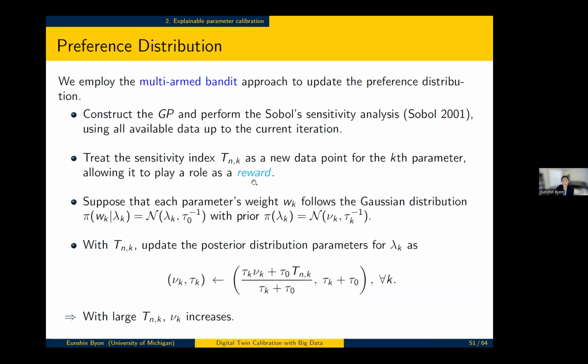Okay? So suppose that each parameter weight follows a Gaussian distribution like this with a prior, then the idea is we want to update the posterior distribution with this reward. Okay? So the idea is the more sensitive the parameter, we want to increase the weight. Okay? We want to increase the posterior mean of the weight so that this important parameter can be selected in the next iteration. So this is the overall idea.